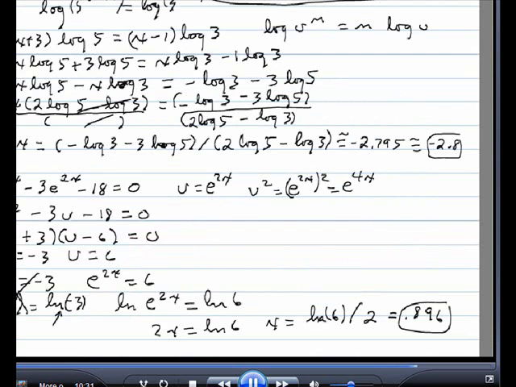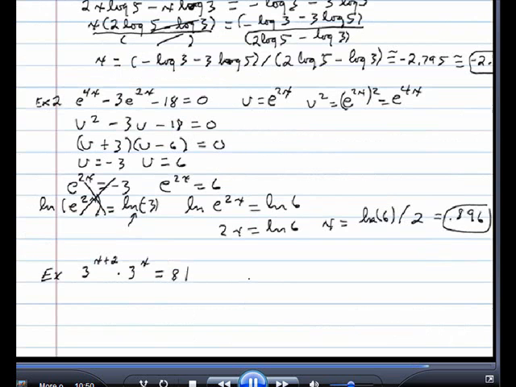In this last one, we again have two exponentials, and if we try to isolate one of the exponentials by dividing by the other exponential, we end up with an exponential in the denominator on the other side. Well, that doesn't sound good, so let's see if there's some other way to approach it.